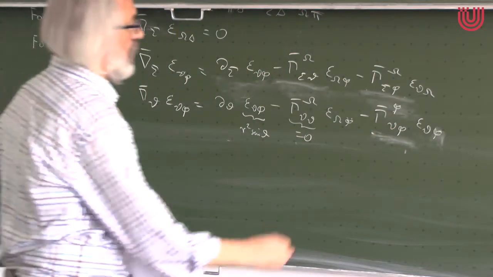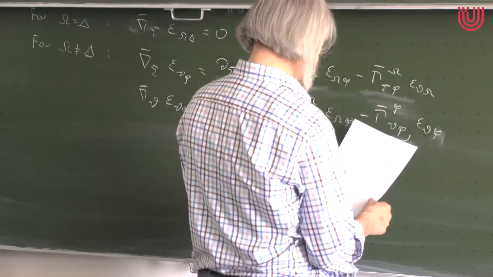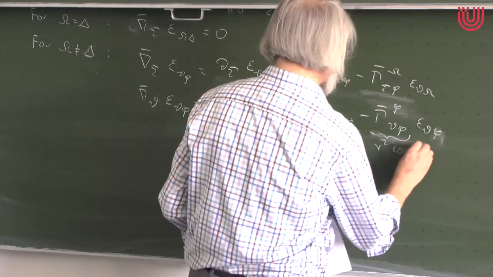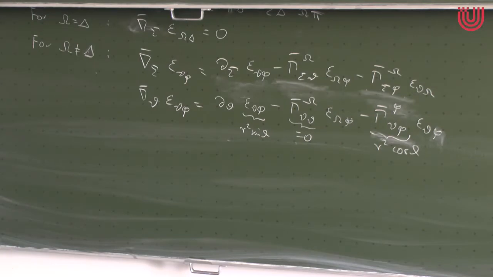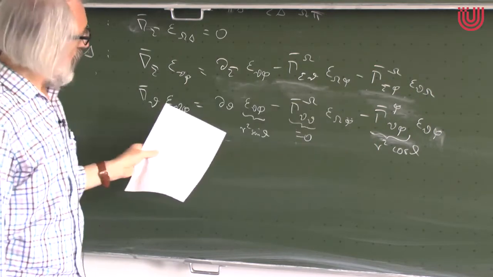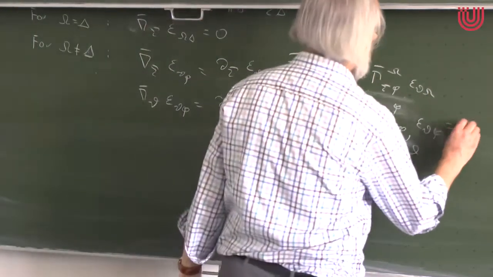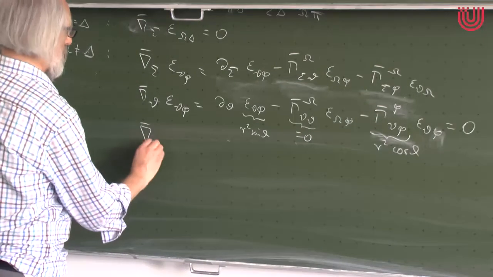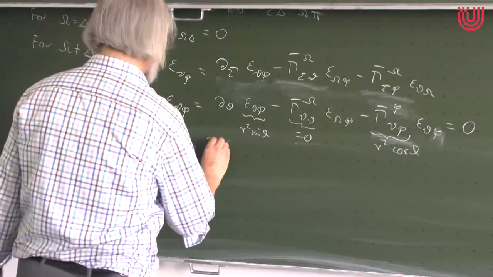And this is non-zero, actually. This Christoffel symbol you have to calculate. It is r squared cosine theta. Yeah? So you look up the Christoffel symbol for the Schwarzschild metric. But if you now compare these two terms, the derivative of sine theta is cosine theta, and the two terms cancel, and you get 0. And analogously, you get it for the covariant derivative with respect to phi.